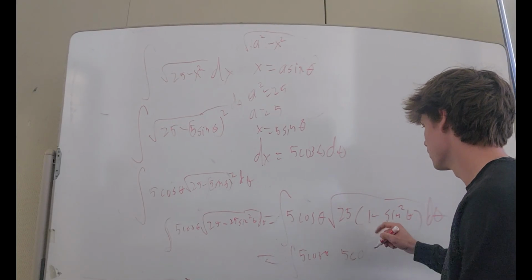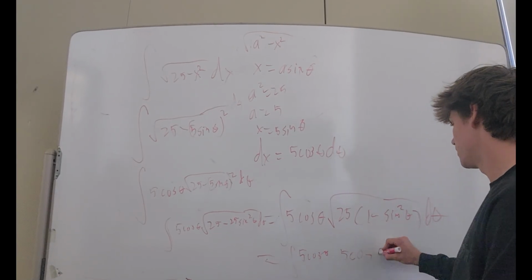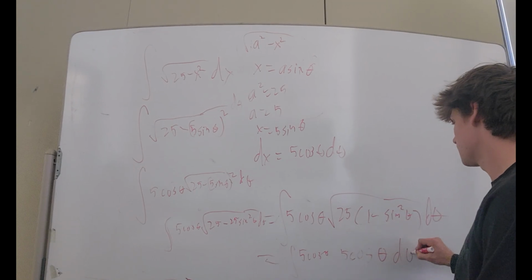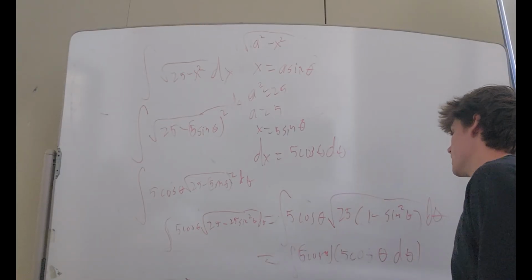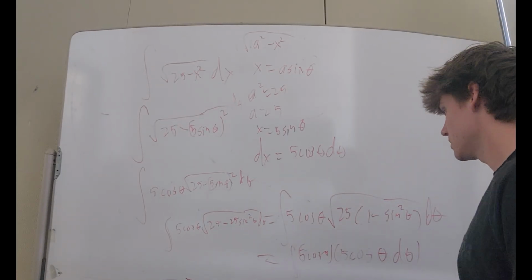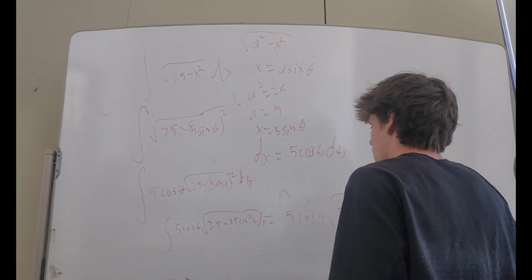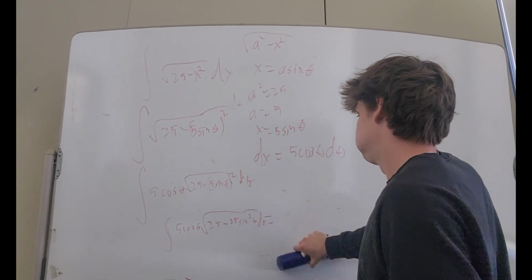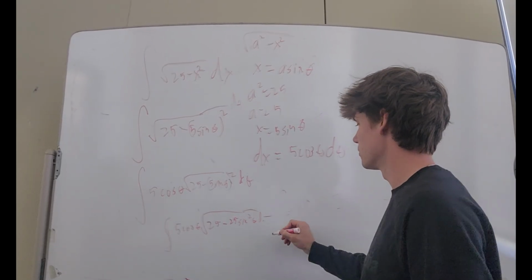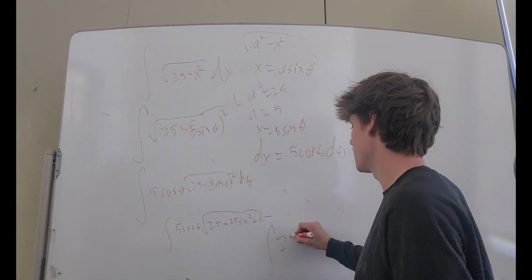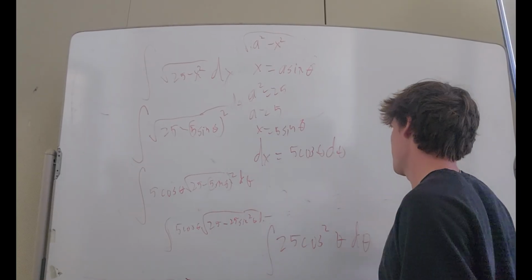So the square root and the square will go away, and you're left with 5 cosine theta d theta, and these are multiplied together. So now I'm going to rewrite all of this as the integral of 25 cosine squared theta d theta.